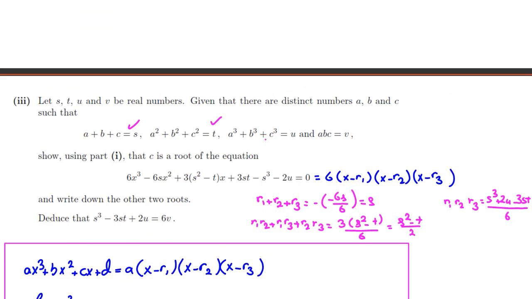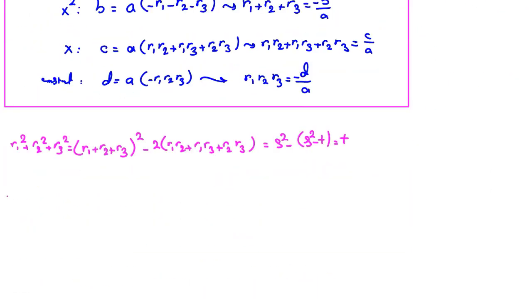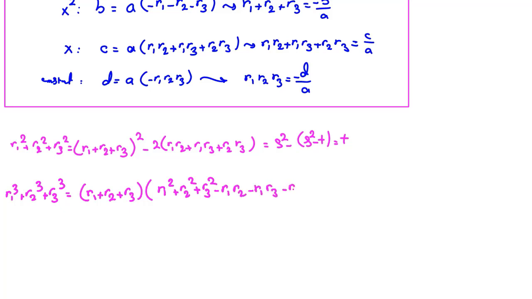Now, a cubed plus b cubed plus c cubed. So let's calculate that: r1 cubed plus r2 cubed plus r3 cubed. You can use Newton's sums here, or we can use a famous identity: r1 plus r2 plus r3 times r1 squared plus r2 squared plus r3 squared minus r1 r2 minus r1 r3 minus r2 r3, plus 3 r1 r2 r3. r1 plus r2 plus r3 is what here?